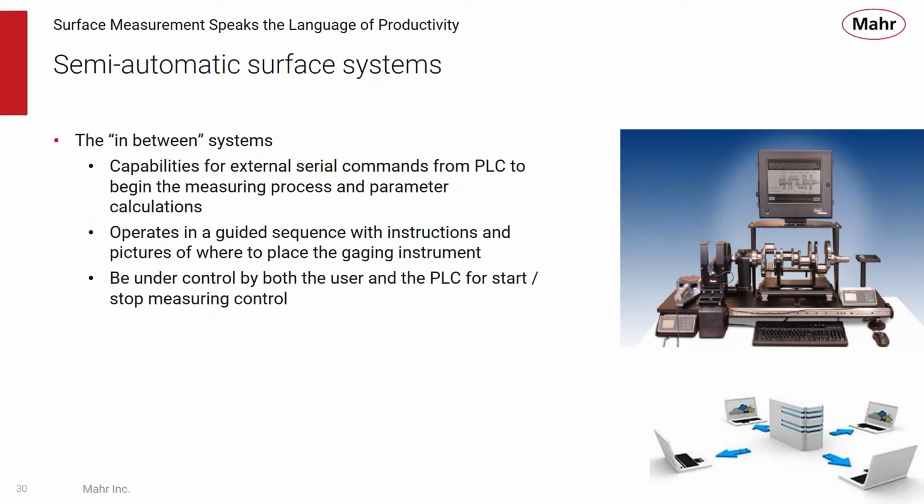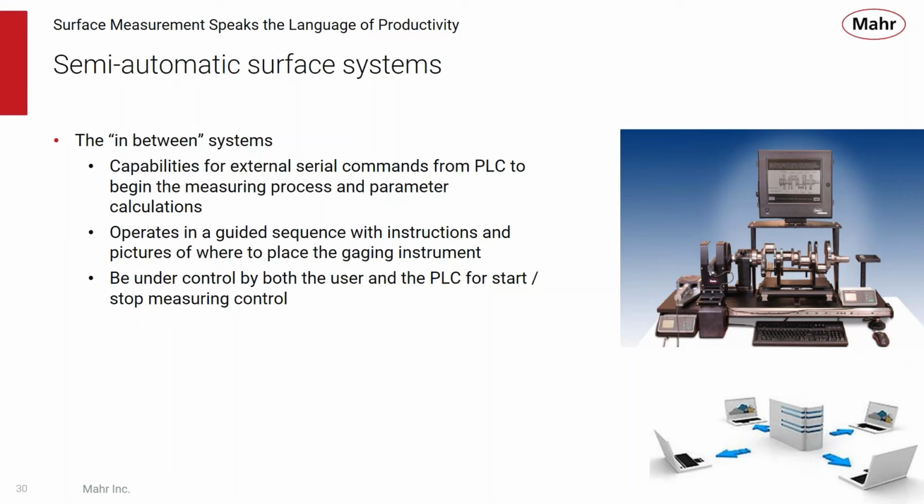We can also create some semi-automatic surface finish gauges, the in-between systems, where they combine the automation of the PLC to collect the data, but they also have some manual influence for positioning the tooling. So these in-between systems have the capabilities for external serial commands from a PLC to begin the measuring process and parameter calculation.